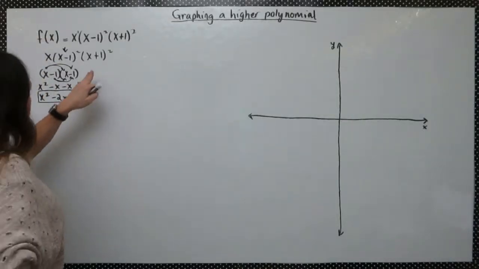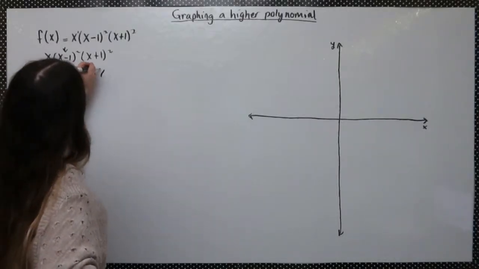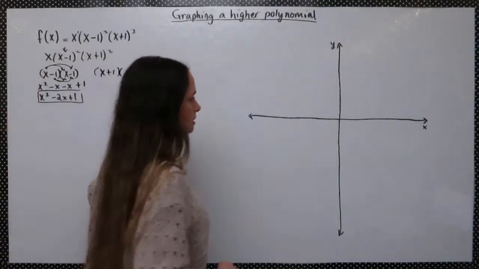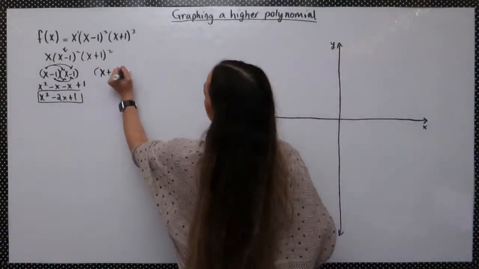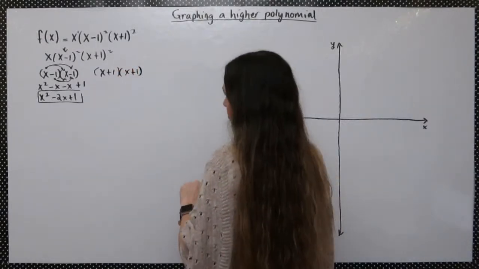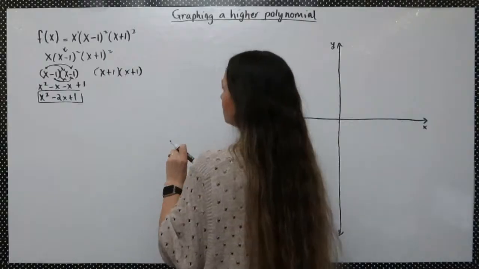And then we're going to repeat that process with this one. So that's going to be x plus 1 times x plus 1. Part of me learning and practicing on the board is paying attention to the camera and making sure that you can see what I'm writing.